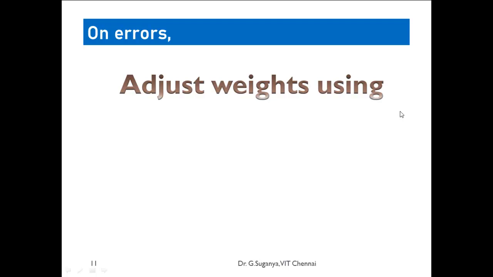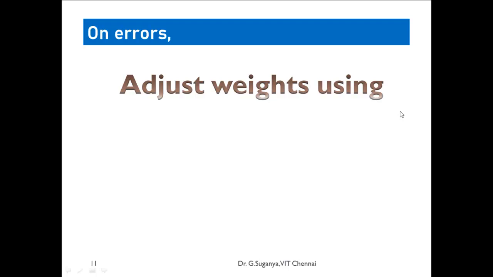The same is being done here also, but since you have the possibility of having multiple layers, the errors and the weight adjustments also have to be propagated across your different layers.